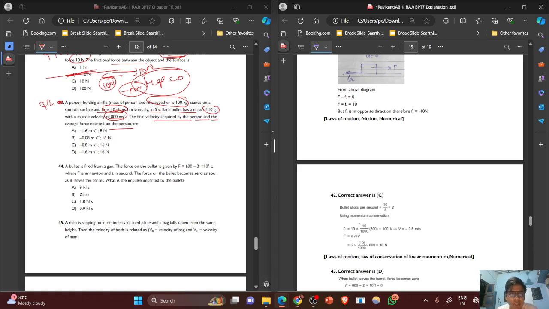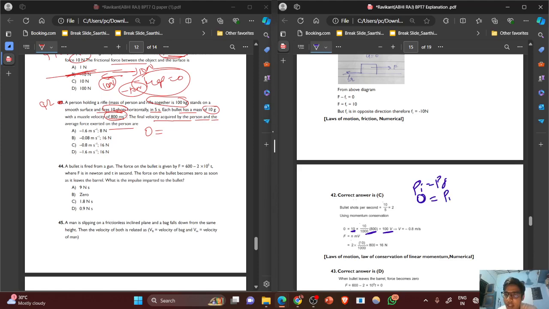Okay, momentum conservation. You know, initially the system is at rest. Finally, the system should also have zero total momentum. So you can do it in this way. You can see here in the explanation, the bullet momentum plus the man plus rifle momentum. Initial momentum equals final momentum. Initially, all the systems are at rest.